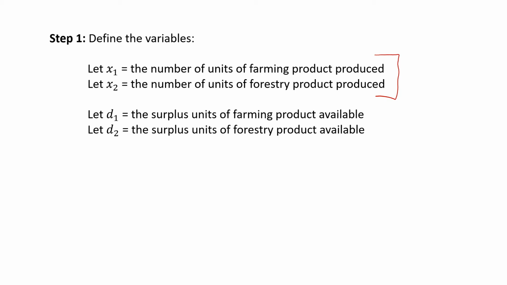Some stuff is needed internally. So now we're going to give variables for how much is available as a surplus. We let D1 be the surplus units of farming after you've taken care of all your internal requirements, and D2 be the surplus of forestry products after you've taken care of all your internal requirements.